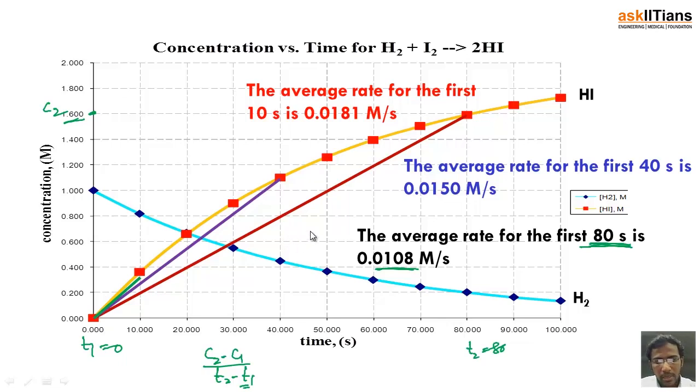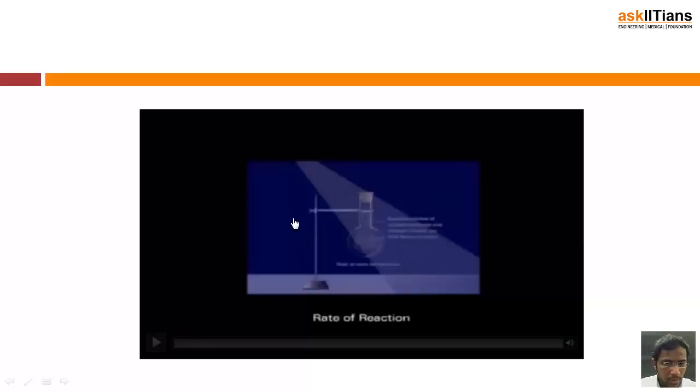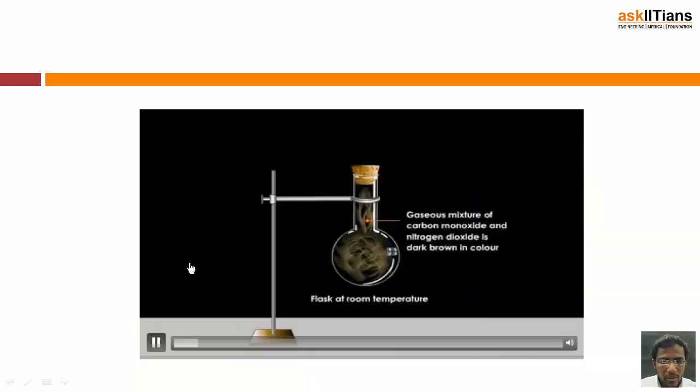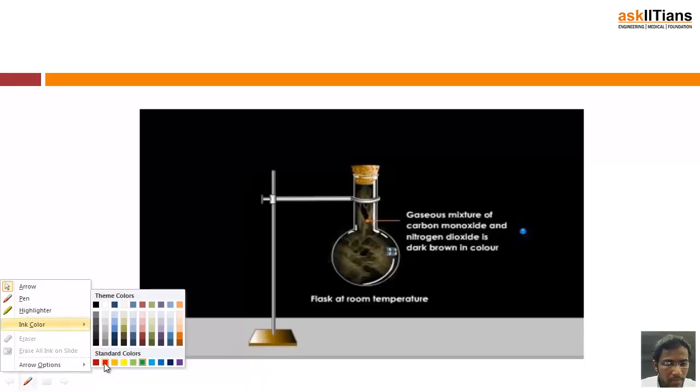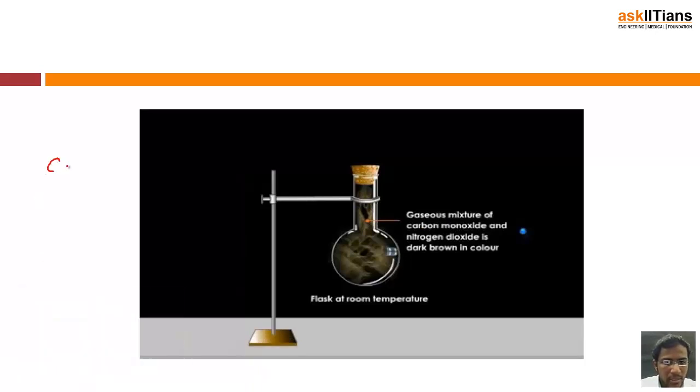Let's see how a chemical reaction will occur. Here we are taking a mixture of carbon monoxide and nitrogen dioxide in a round bottom flask, and this flask is initially at room temperature.